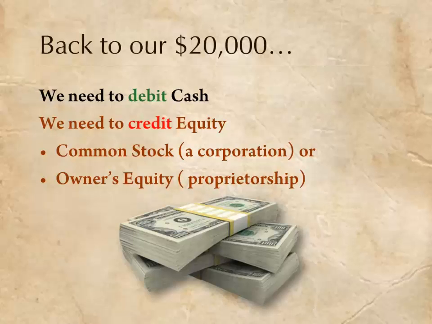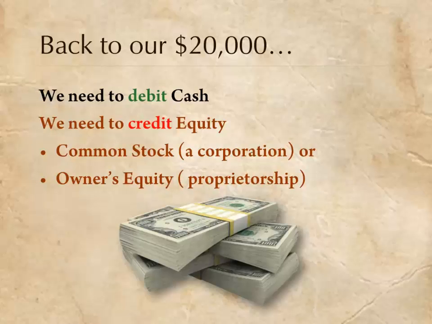Well, what is equity? If we are a corporation, equity is common stock or capital stock. If we are a proprietorship or a partnership, equity is owner's equity. We didn't list equity as a category of accounts before. Equity is a special kind of liability.